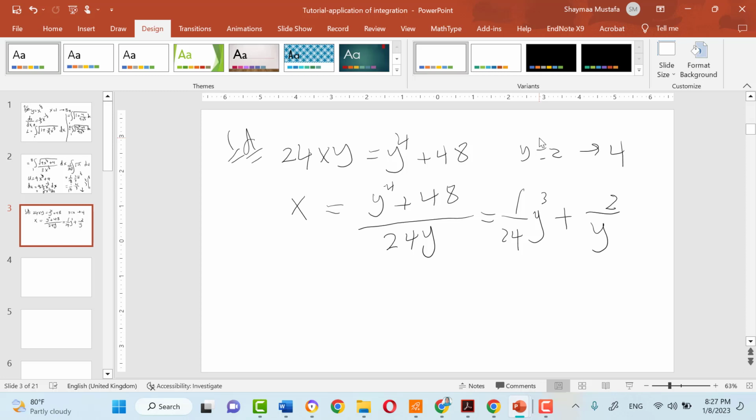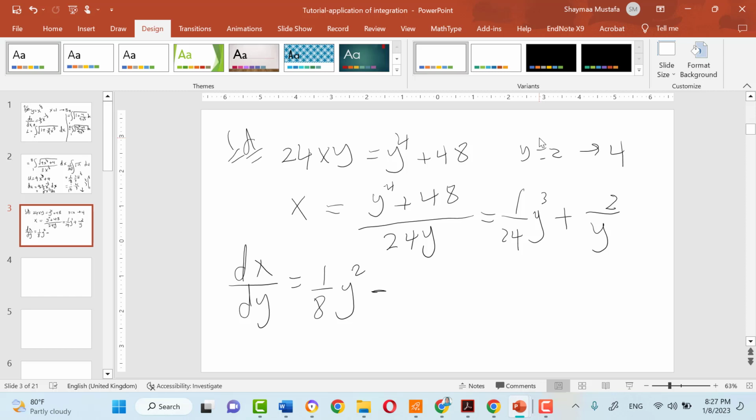Now to evaluate the length, you have to calculate dx over dy. So dx over dy is equal to 3 over 24, which is 1 over 8 y squared, minus 2 over y.